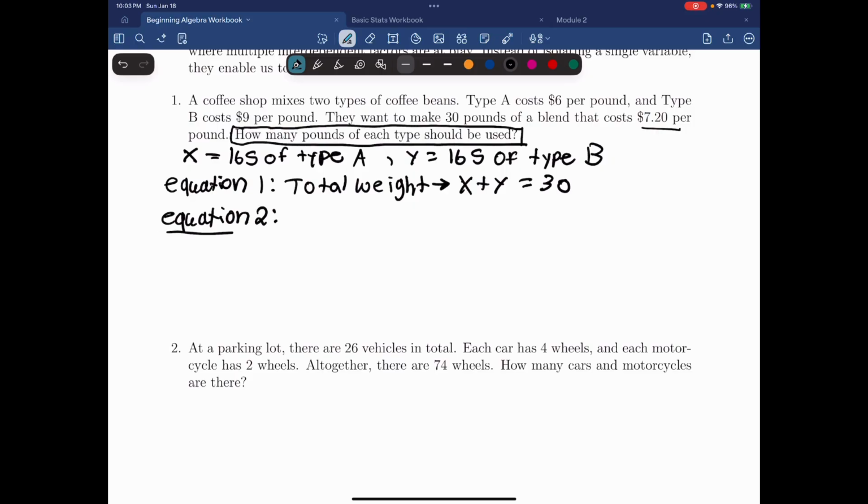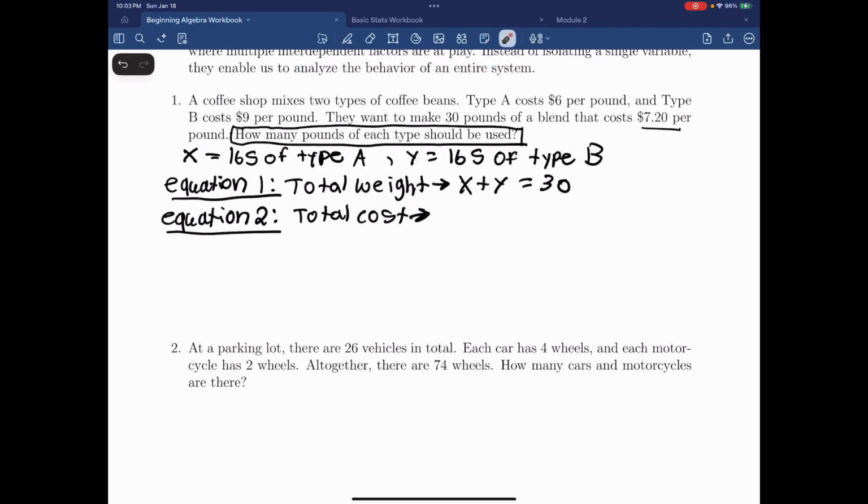Now equation 2. We are going to find the total cost. Or equation 2 is going to represent the total cost. So we know that we want this to equal $7.20 per pound, right? But the thing is this blend is 30 pounds.